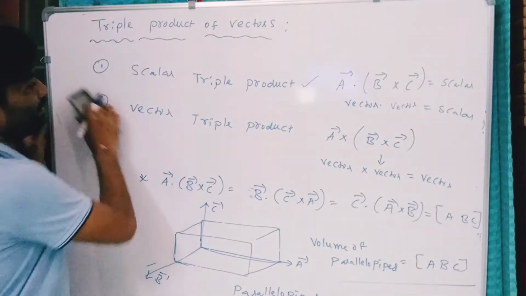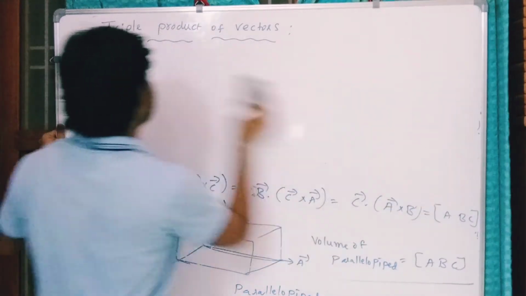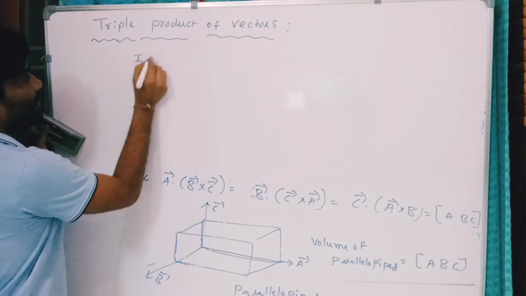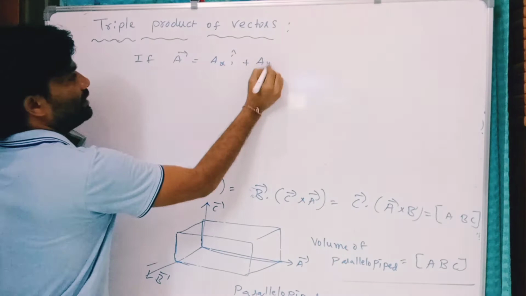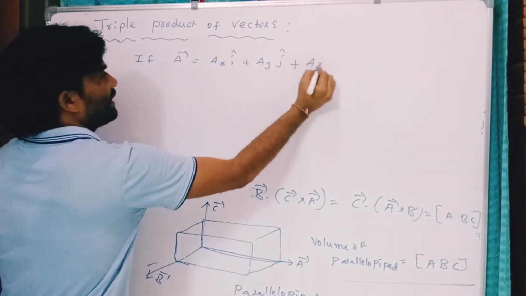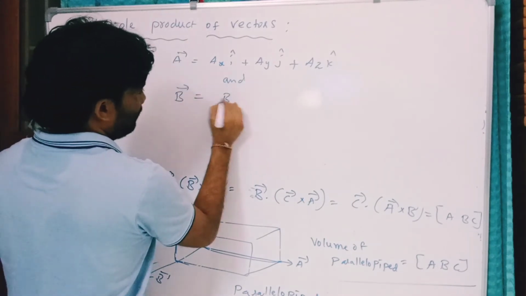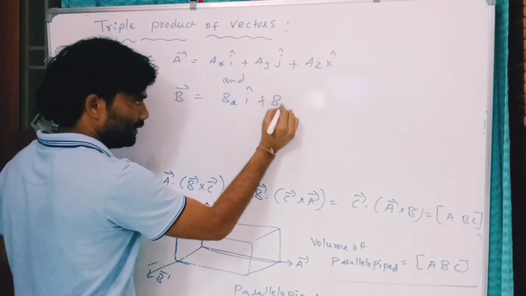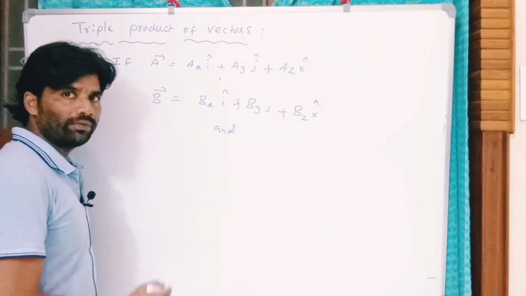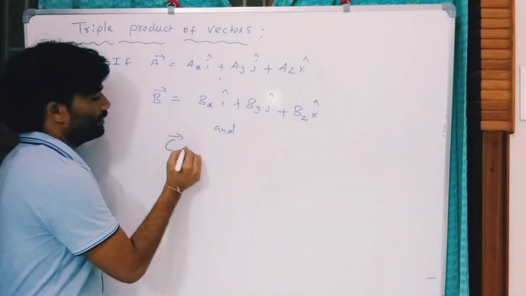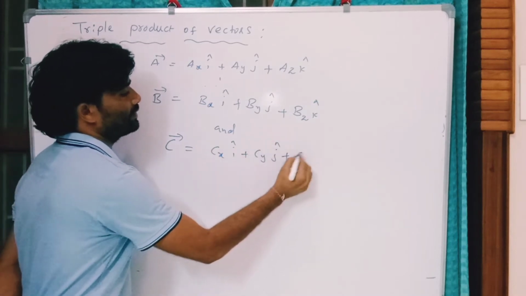Now we have a simple method to find that scalar triple product or box of ABC. If you have three vectors, A bar is equal to AX i cap plus AY j cap plus AZ k cap, and B vector is BX i cap plus BY j cap plus BZ k cap, and C bar is equal to CX i cap plus CY j cap plus CZ k cap.